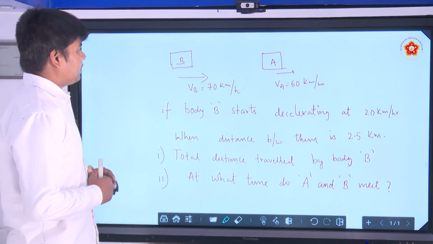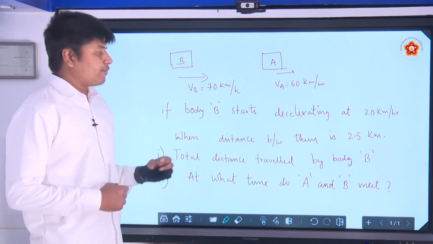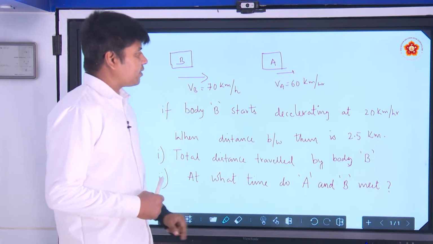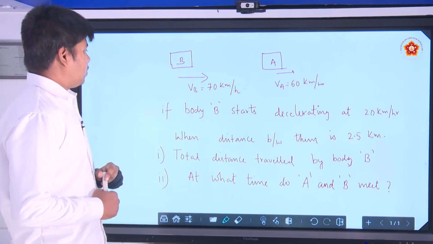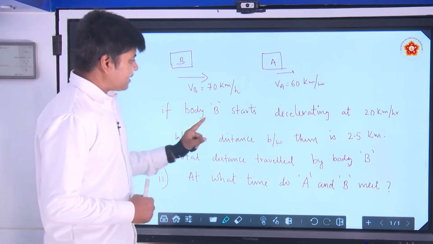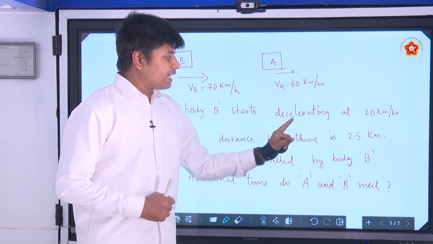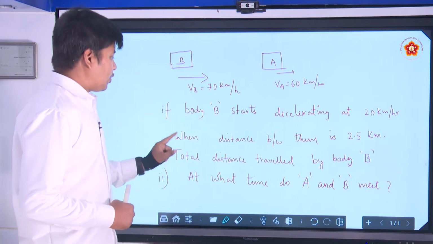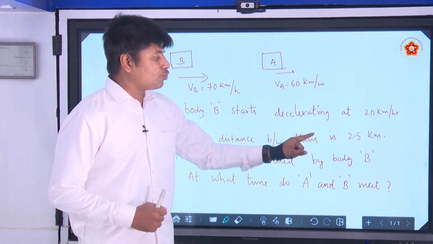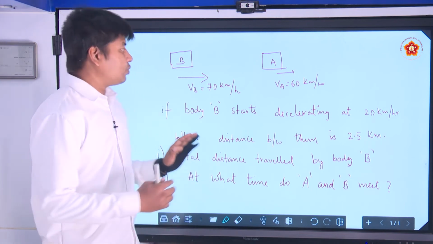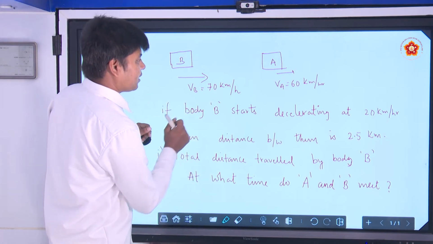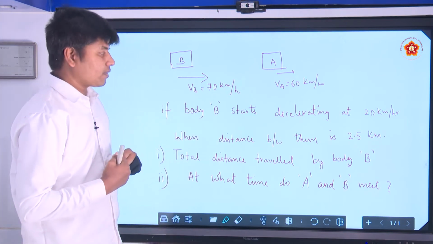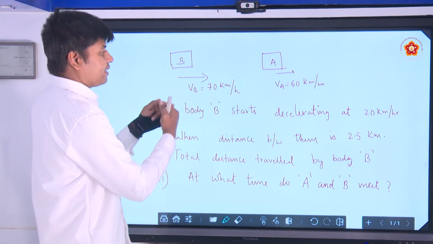In this example, he has given two objects. One object is moving at 70 kilometers per hour, second object is moving at 60 kilometers per hour. Now, if body B starts decelerating at 20 kilometers per hour when the distance between them is 2.5 kilometers. So, as you can see, B is having more velocity, A is having less velocity. At some point they may meet.